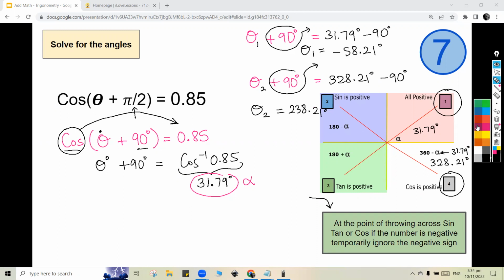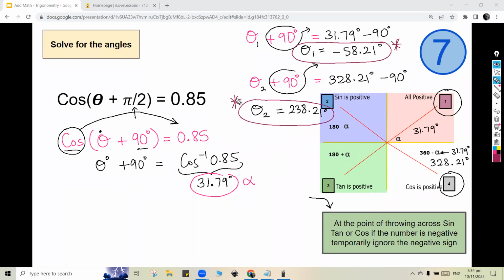I'll circle it in a different color. So this is our one answer, and this is our next answer. I'll put a little asterisk by it. So make sure you're physically seeing those things on your calculator. All right, so let's move on.